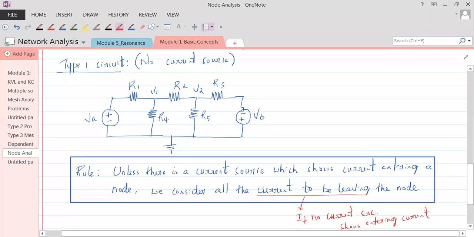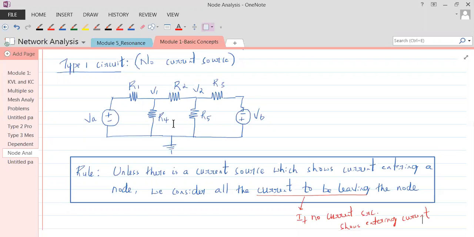Very important rule. Now we understand there is no current source. That means the currents that we write now, they're all leaving currents. It's understood. That is the convention that we follow. What is convention? That is something that we used to do.